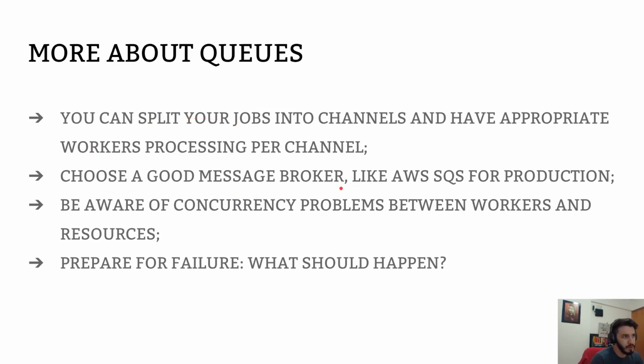Also, if you're using a cloud provider, I would advise choosing a good message broker. Like AWS has SQS, which is the queue implementation service they suggest. Unfortunately, I like using Horizon, and Horizon only has a Redis implementation, so I have to stick with Redis, and it's true, by the way, it's not limited at all.